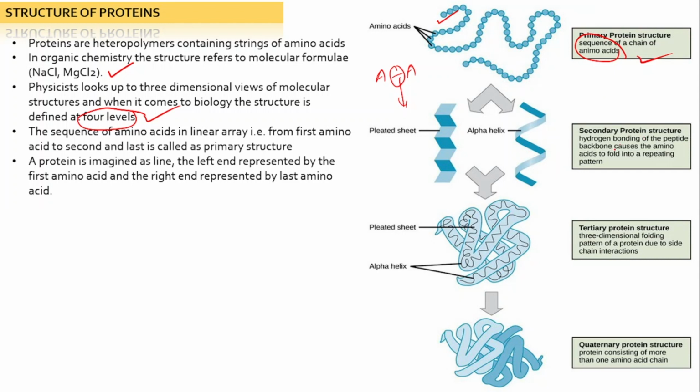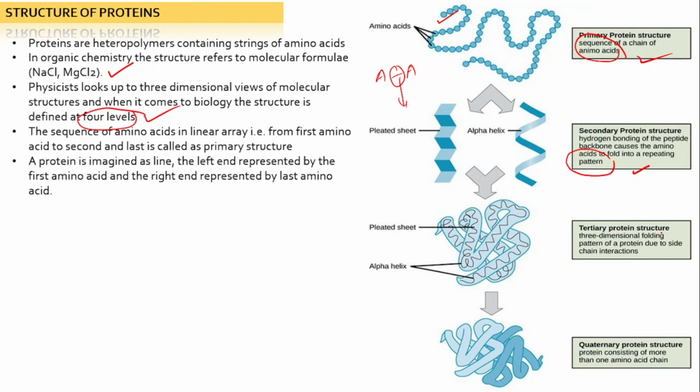Hydrogen bonding of the peptide backbone causes the amino acids to fold, so the protein folds into a repeating pattern, causing the secondary protein structure.